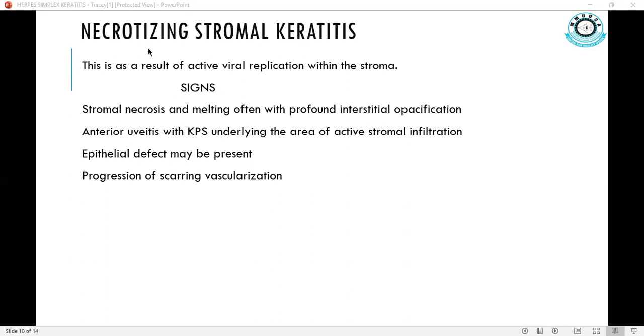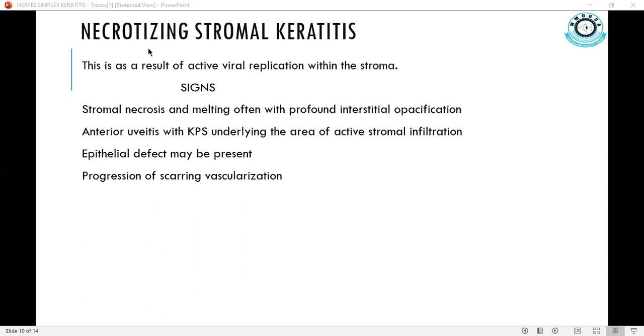So we have necrotizing stromal keratitis. This is as a result of active viral replication within the stroma. So now there is replication of the virus in the stromal layer. The signs of a patient with necrotizing stromal keratitis: you'll see stromal necrosis and melting, often with profound interstitial opacification.